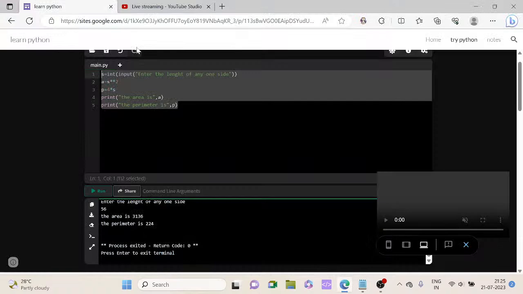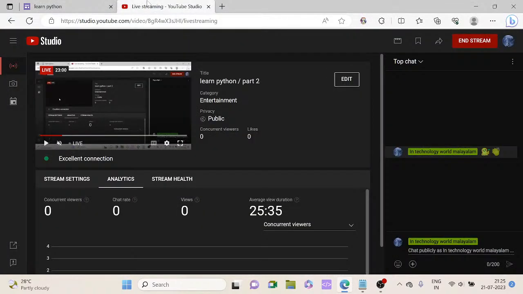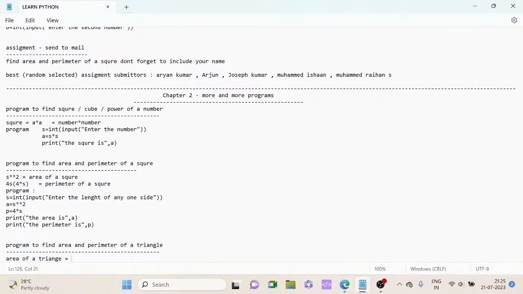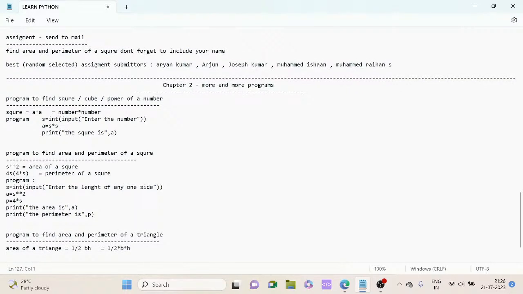Do you know what the area of a triangle is? As we all know, the area of the triangle is half BH. That means half into B into H. So that's the area of a triangle.